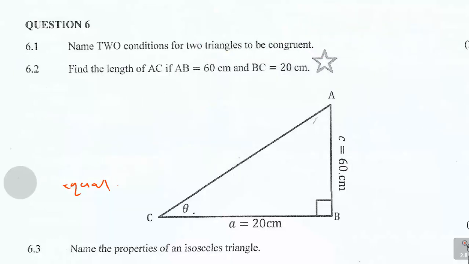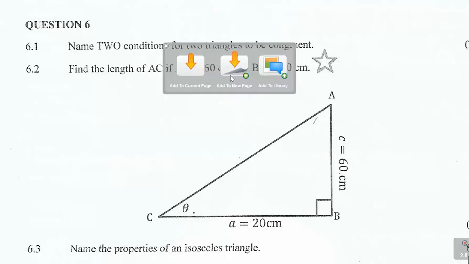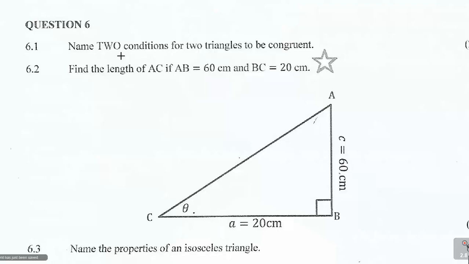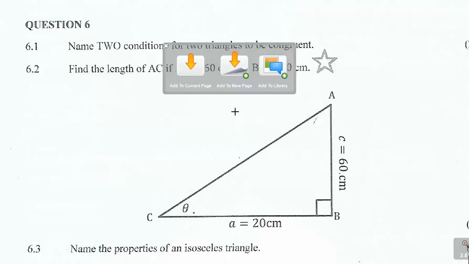All right, 6.2 says find the length of AC if AB is that. So now let me take this again and put it on a page. It's 3 marks. Let me take this side. So I'm not going to take everything there.